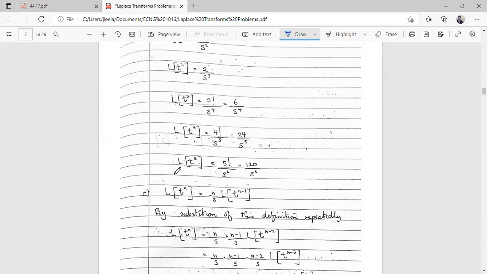For t^3, you'll get 3 factorial over s^4, so that is 6 over s^4. For t^4 it is 4 factorial over s^5, which is 24 over s^5, and t^5 is 5 factorial over s^6, which is 120 over s^6.